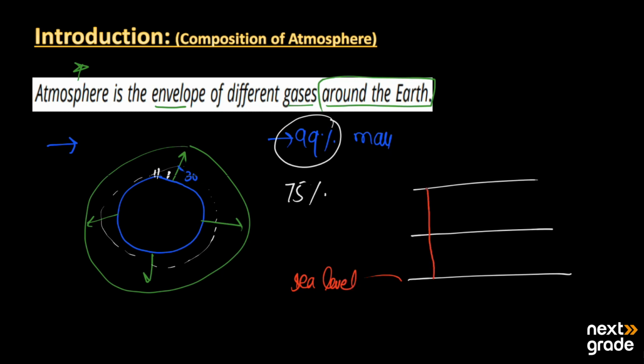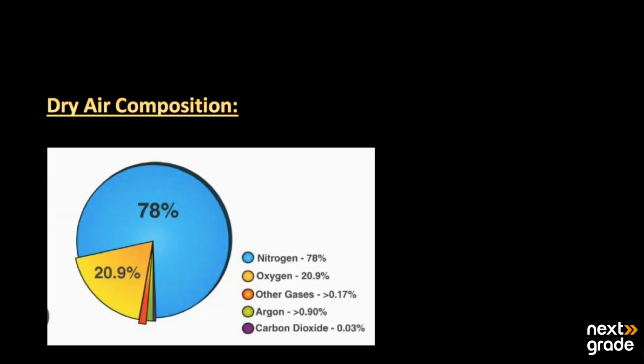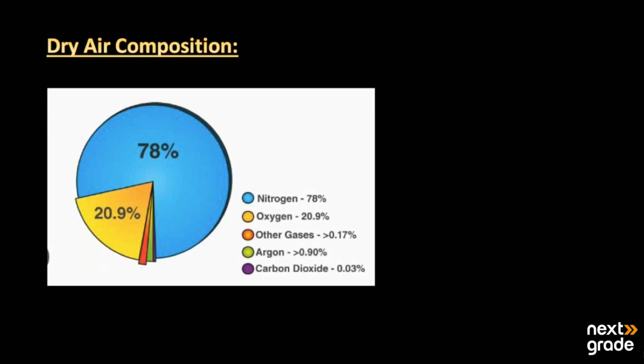From here, almost 30 kilometers, 99% of the atmosphere is present. And when we are at the 11 kilometer, 75% of the mass is present within this range. So this is the simple composition of the atmosphere and its boundary, where it extends from the sea level. Then we have the dry air composition.